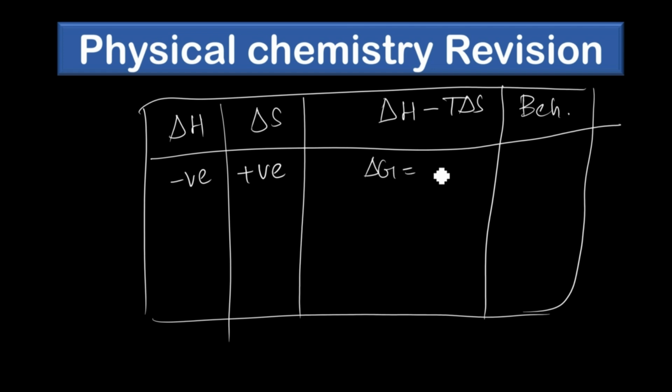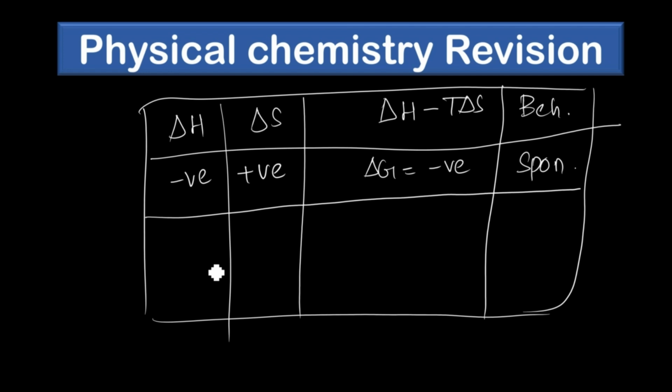Then delta G becomes negative. This is a spontaneous reaction. You might have seen many questions on spontaneous and non-spontaneous processes. Delta H is positive, delta S is negative, then delta G becomes positive, and this is a non-spontaneous process.